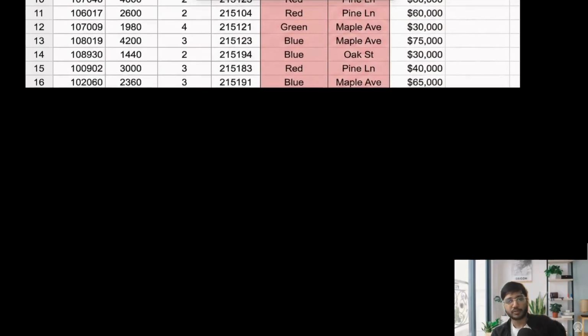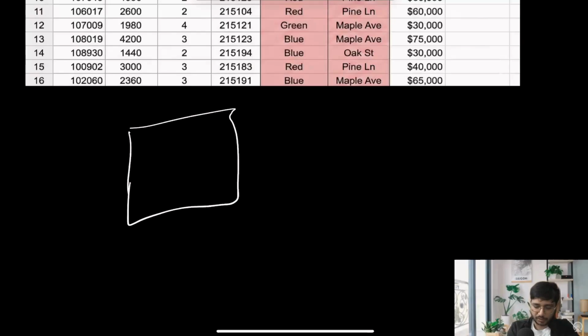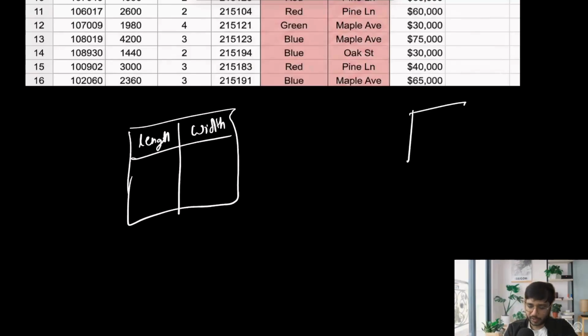Let's take another example of this as well. Sometimes there could be a scenario, same as the above example, where in housing price you have the length and width of the house, and you have a price also given for a house.